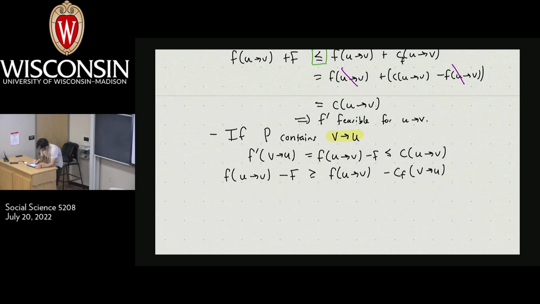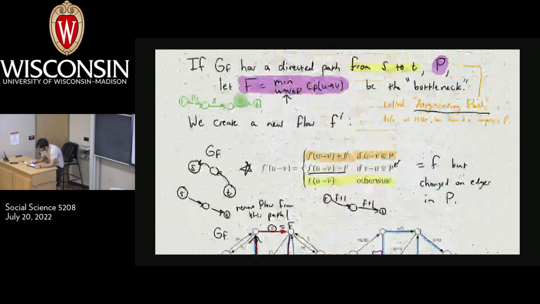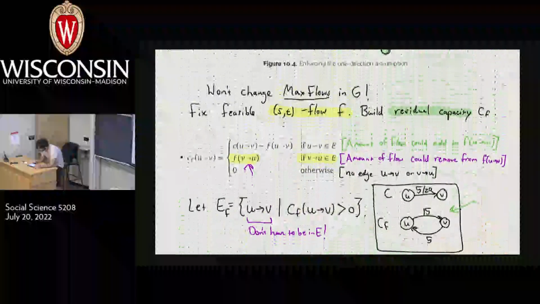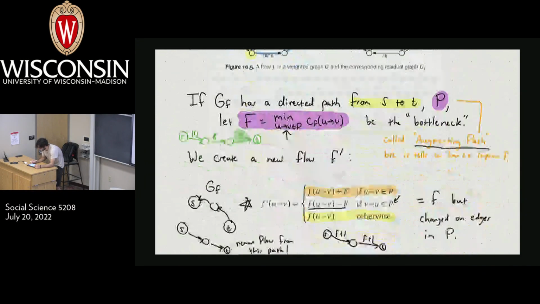So why is this true? This is true because f is the minimum. So we know f is at most cf of v to u. And so negative f is at least negative cf of v to u. That's what I use there. And now by definition of cf of vu, remember when we use a reverse edge, it's equal to the flow of the reverse of the edge.